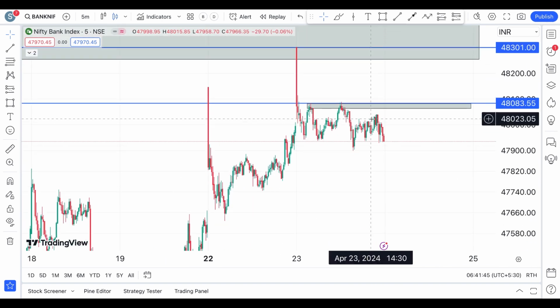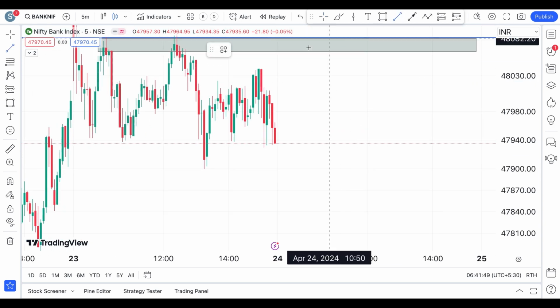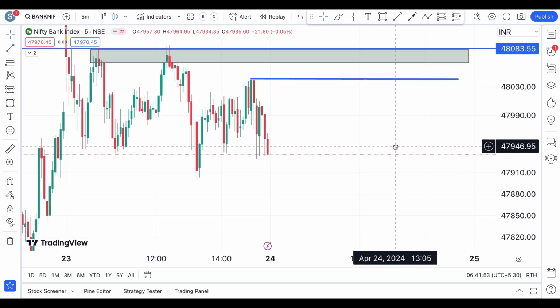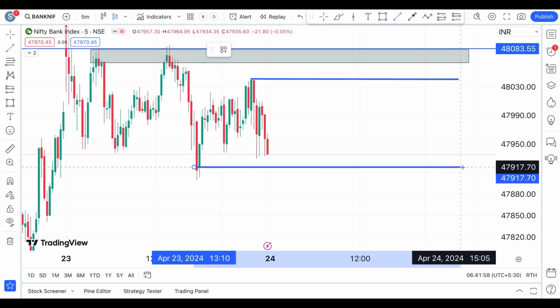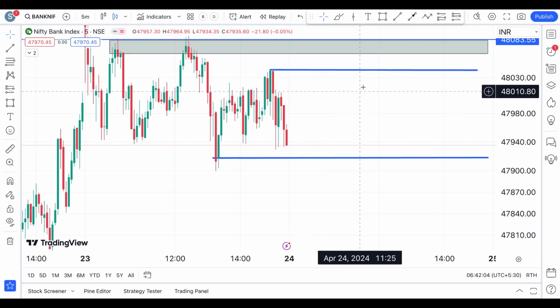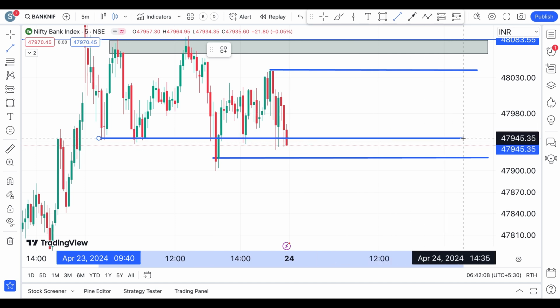And towards the downside, what you should notice is that all this is a fresh swing high which has not seen any break, and similarly this area is the fresh low which has not seen any break towards the downside. So these two are going to act as important levels. And if you notice this area, it has acted as a support multiple times.